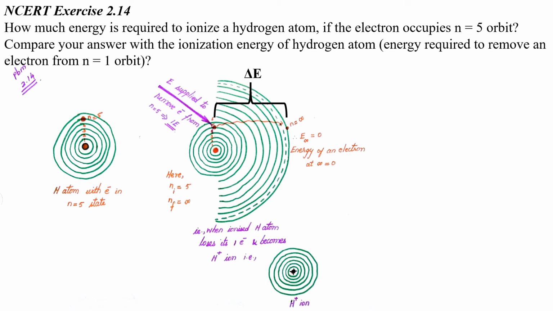We need to calculate this energy difference, that is delta E, as per the first sentence of the question. This will be equal to the energy supplied by us to make this electron move to infinity. So let's calculate delta E, which gives you the difference between the energies of the fifth orbit and the orbit at infinity. Clear?